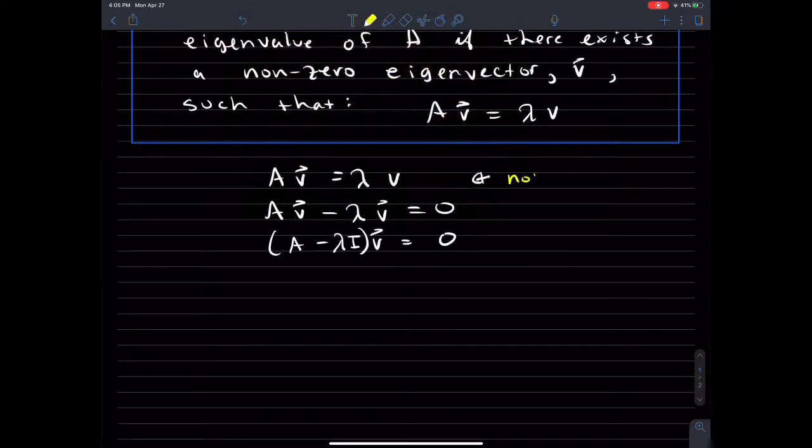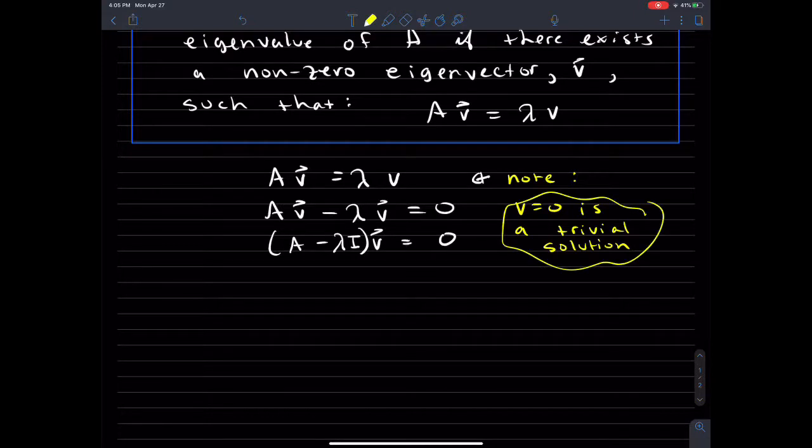Do note, just looking at this, because this is the original one we start with, we can clearly see V equals 0 is called a trivial solution. But it is a solution. So we have an automatic V equals 0 being a solution.